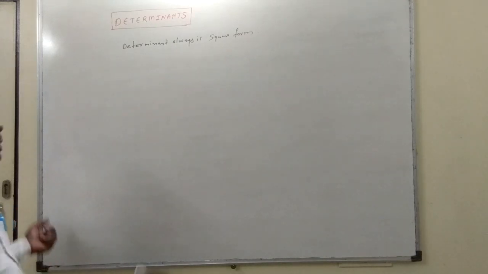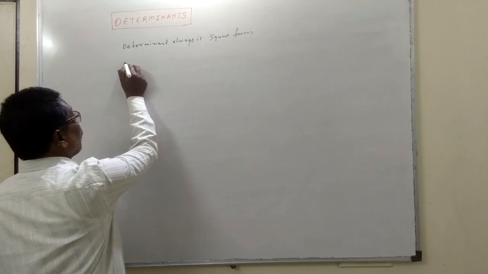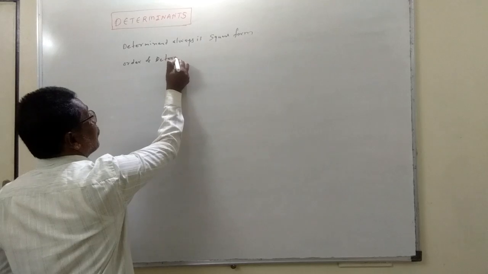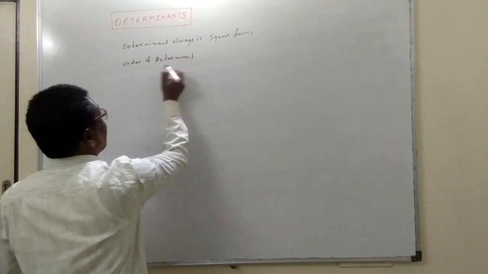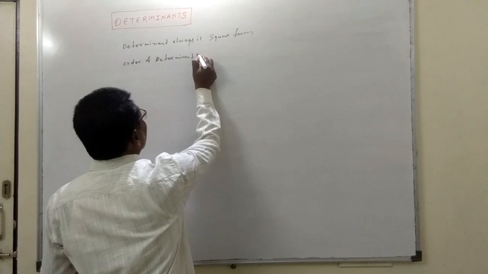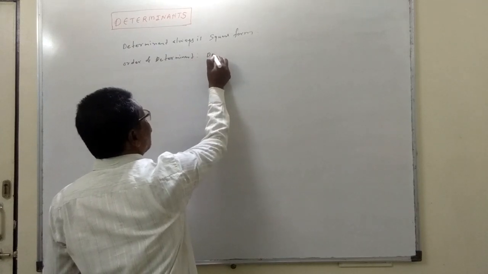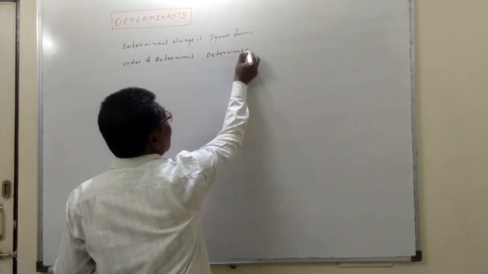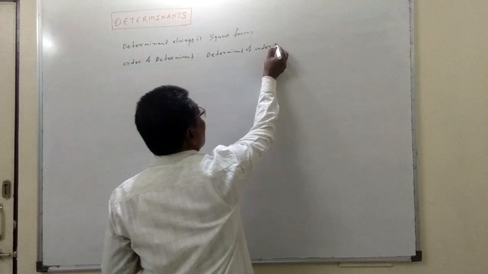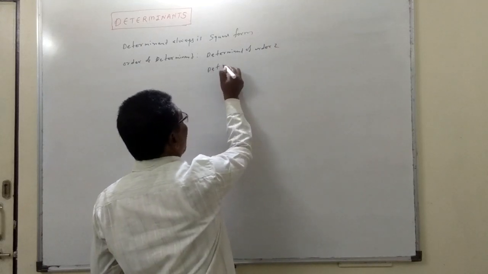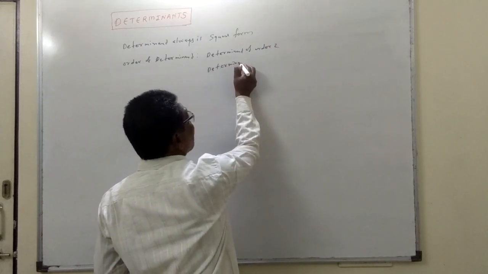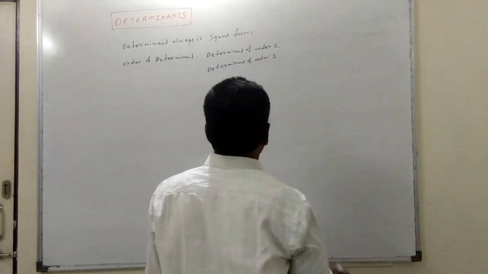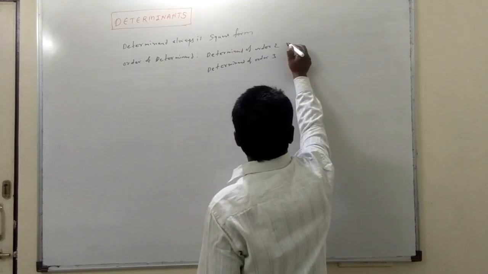So we can write the order of a determinant: determinant of order 2 or determinant of order 3, etc. Now determinant of order 2 means what?